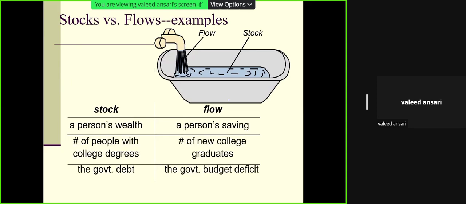A person's saving out of current income is a flow concept. The word new is very important.